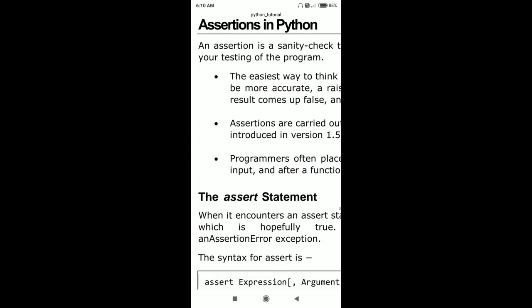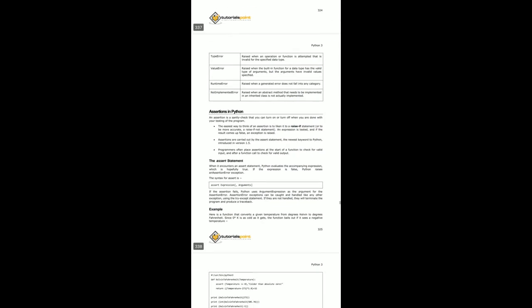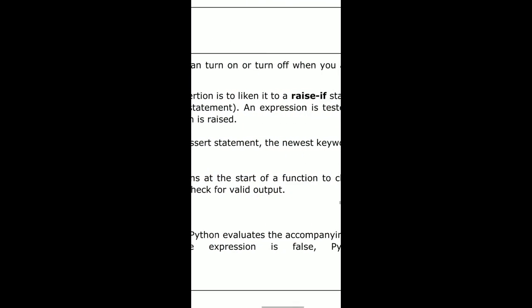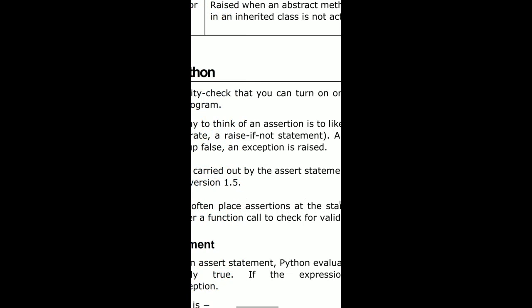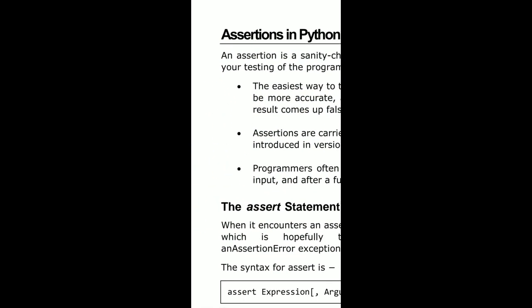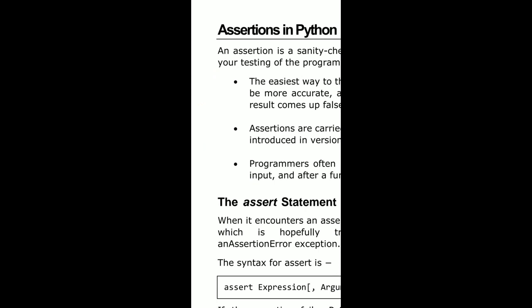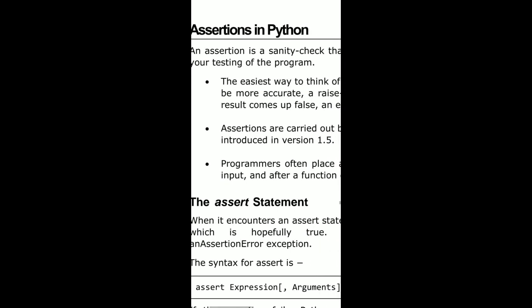The next concept in exception handling is the assertion. What is meant by assertion? An assertion is a sanity check that you can turn on or turn off when you are done with testing the program. Once you have written the program and completed everything, you go for assertion.